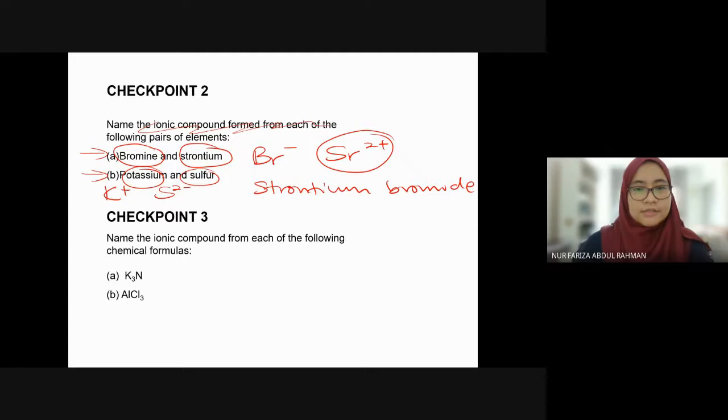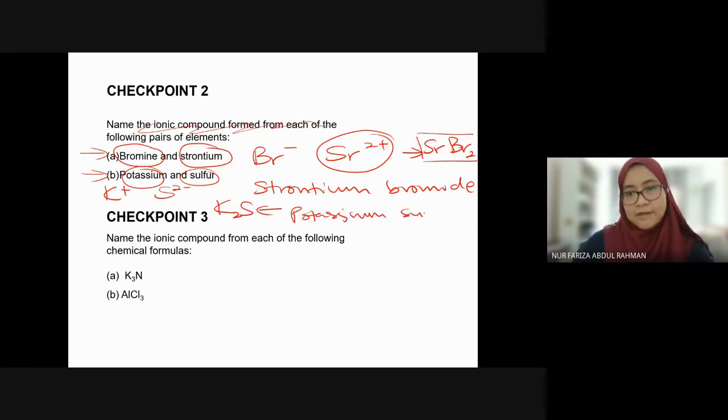Before that, I forgot: SrBr2 is the chemical formula of strontium bromide. If K+ and S2-, it becomes K2S. This compound is named potassium sulfide.